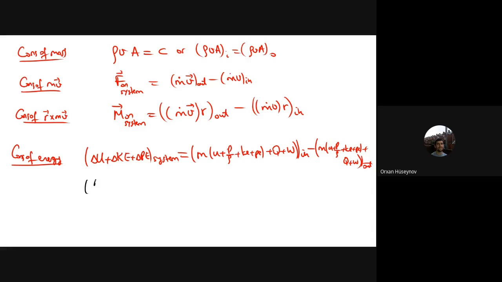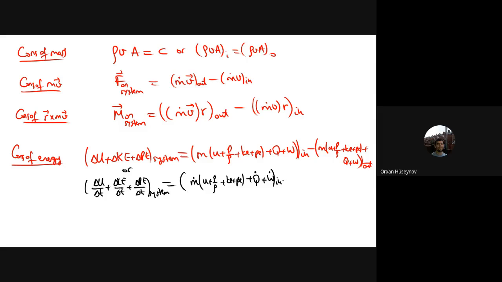It is very easy. Delta U by delta T plus delta kinetic energy by delta T plus delta potential energy by delta T. We can do that. It is the same equation; you divide each term by delta T. Then you will have the mass flow rate m dot into U plus P by rho plus the kinetic energy plus potential energy. Instead of the Q, you will have Q dot, and instead of the work, you will have work dot.